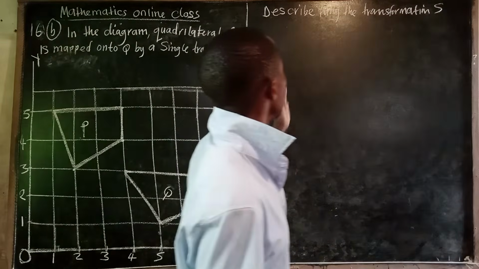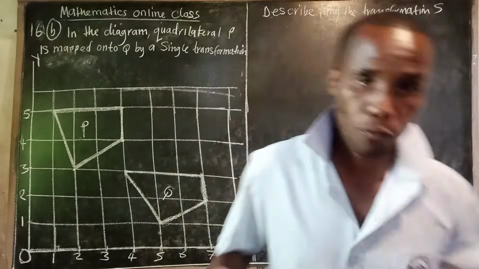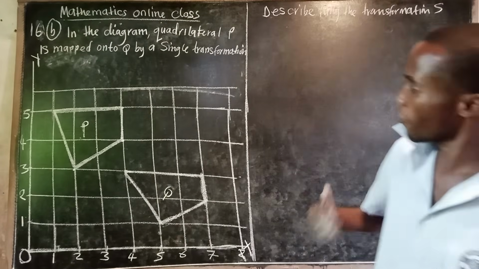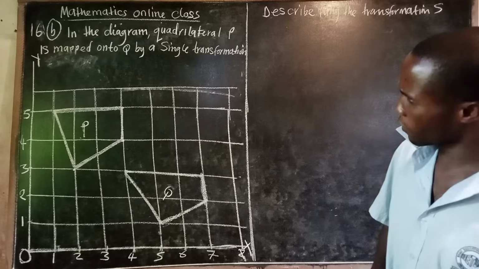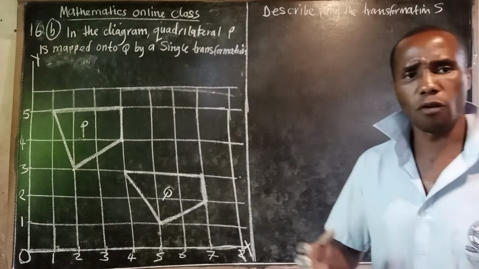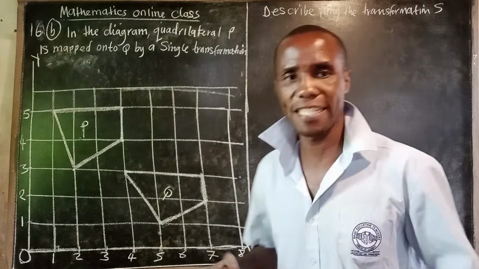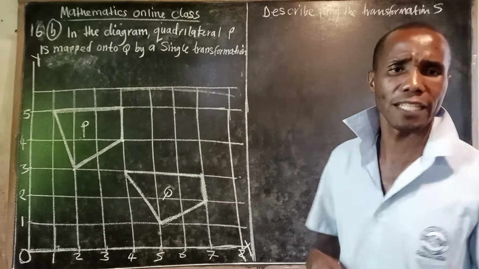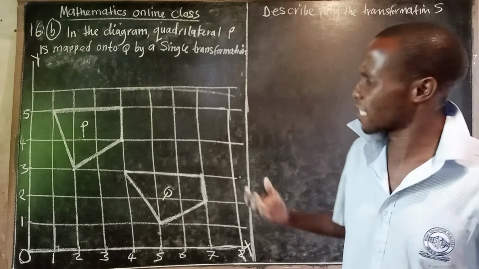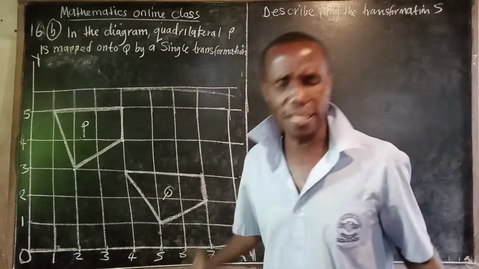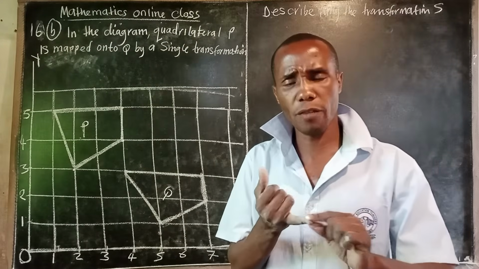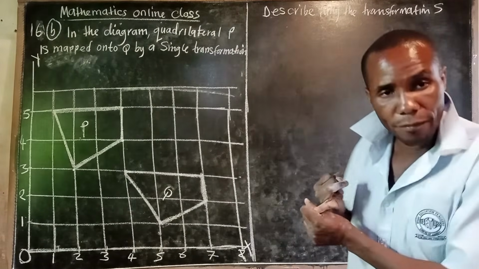Now the question says, describe fully the transformation S. So after you have identified that this is a translation, of course, now you need to look at things that will actually describe that particular transformation. So what describes translation? So the first one is the name itself.